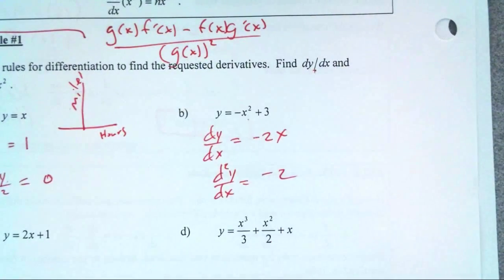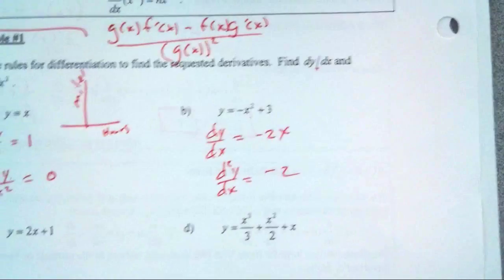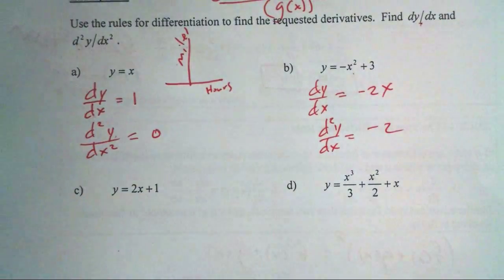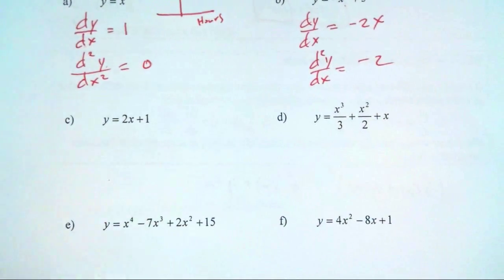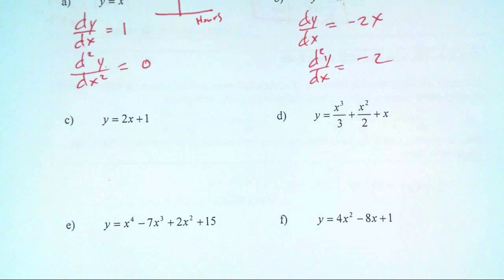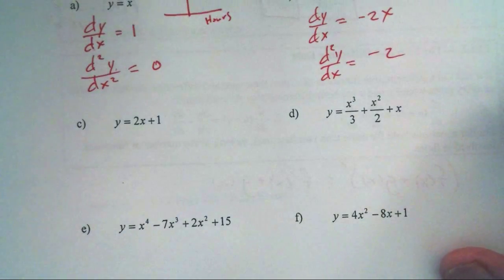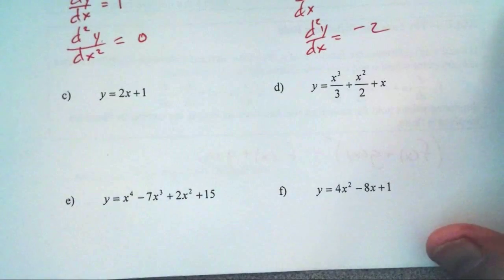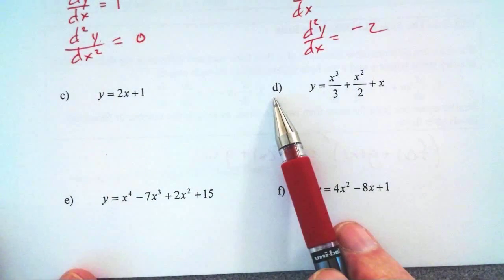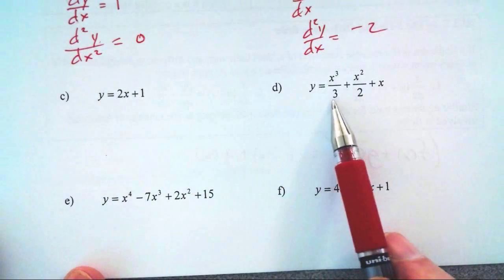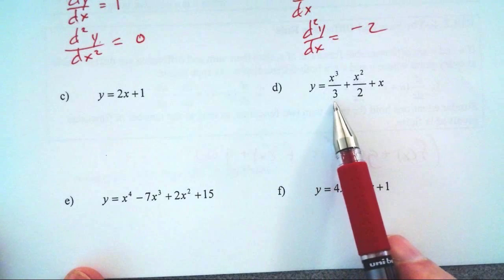All right, finish C through D. Try these. If you're at home and you don't want to try them, you can fast forward. Quick comment on D. Eyes up here just for a moment. Do we need to quotient rule these?